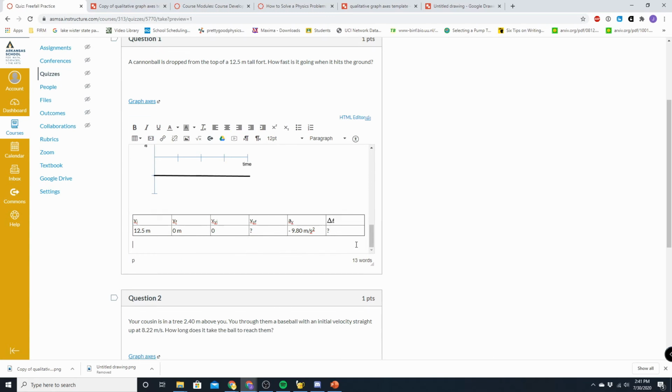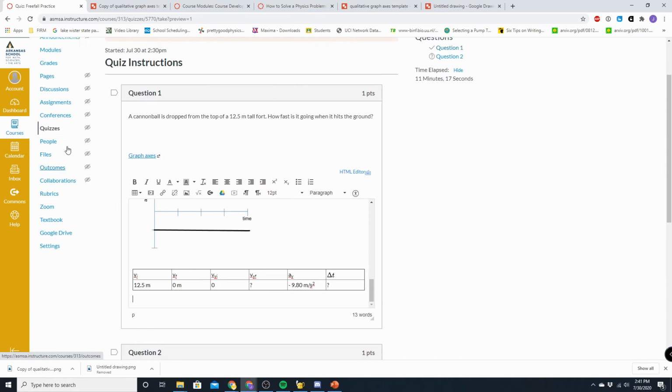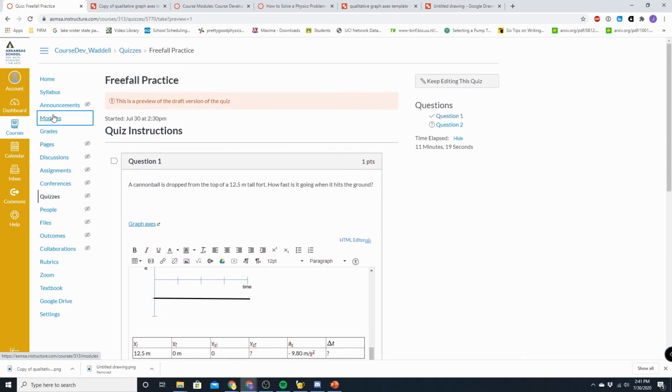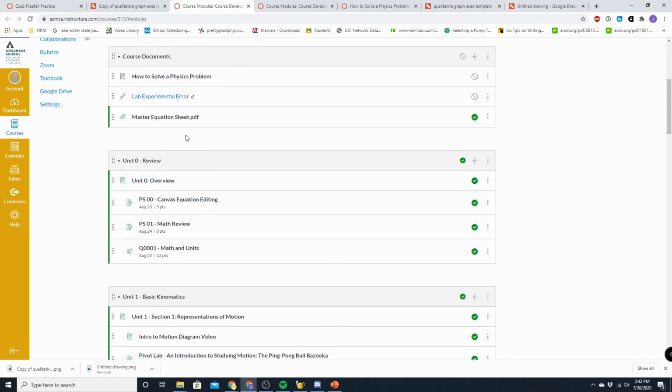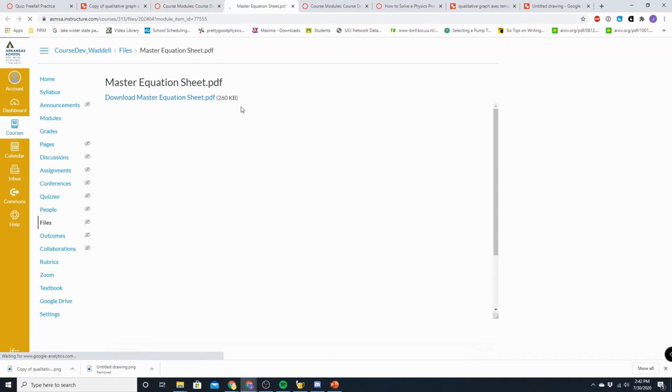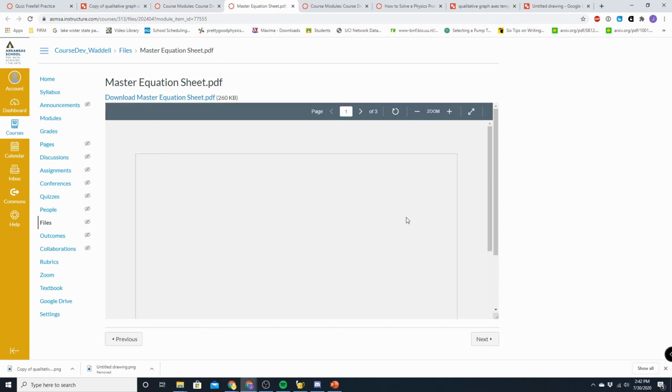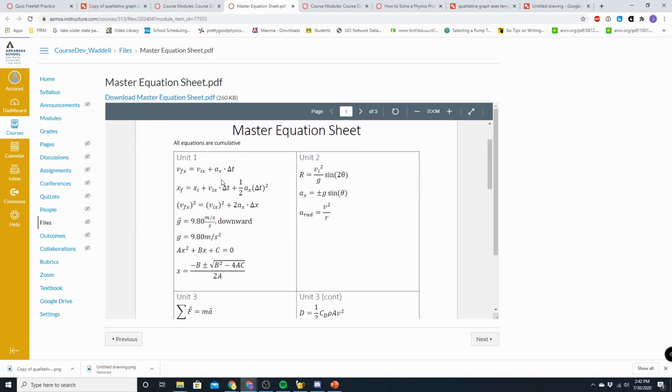So if we look at these and we consider our equations, we want to pick one that has all the values that we know plus the one that we don't know that we're looking for.